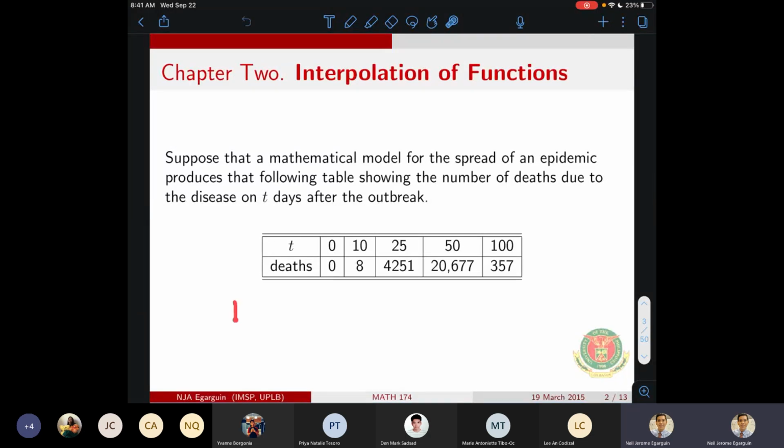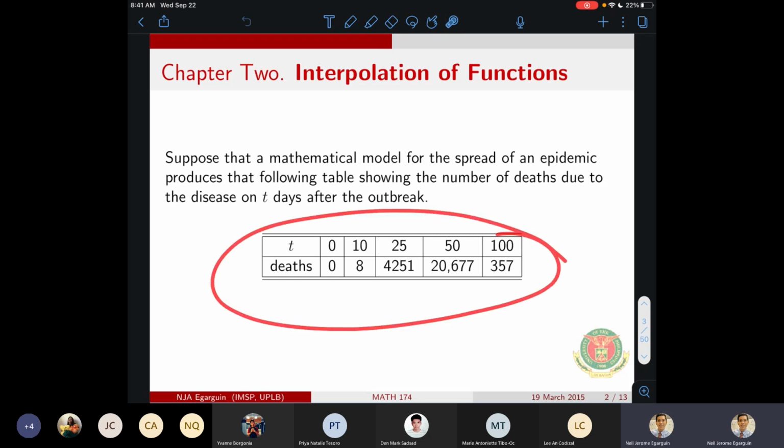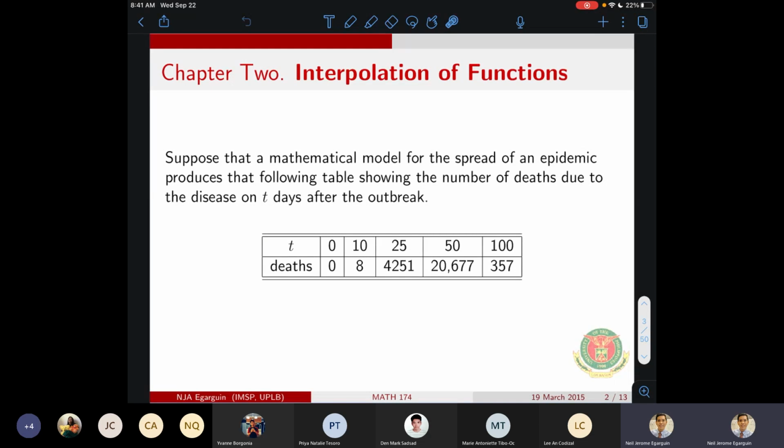Kung given sa akin yung function p of t, then pwede kong kunin lang yung derivative, equate siya sa 0, then apply the first or the second derivative test, makukuha ko yung maximum value ni p of t over the interval 0 to 100. Pero unfortunately, by just looking at this table with only, actually how many? 5 data points, I cannot know those information. But again, facing reality, this is the type of data we see in the real world. Hindi yung function talaga like the textbook problems from Math 36. Okay.